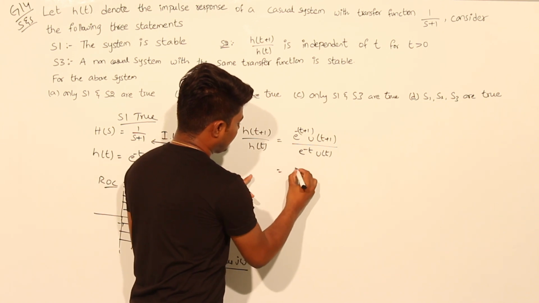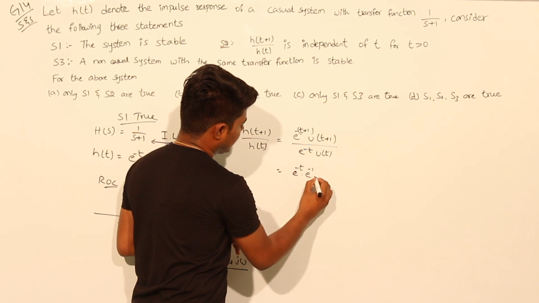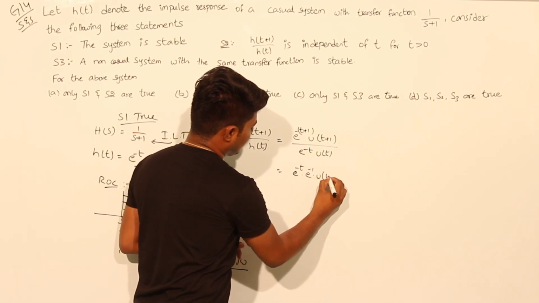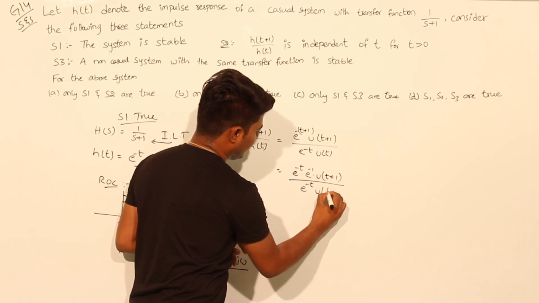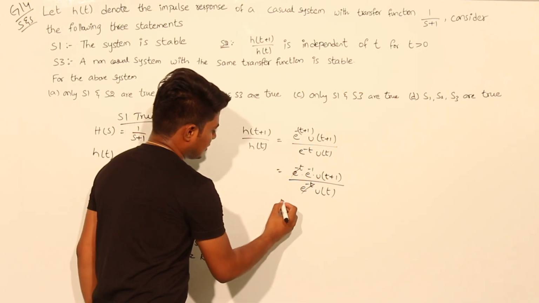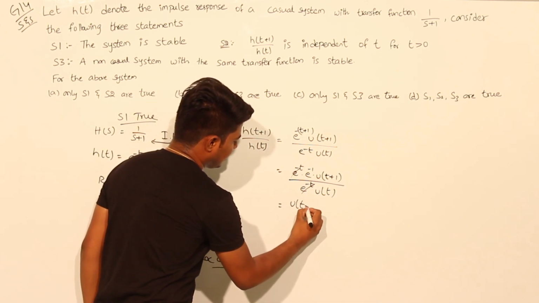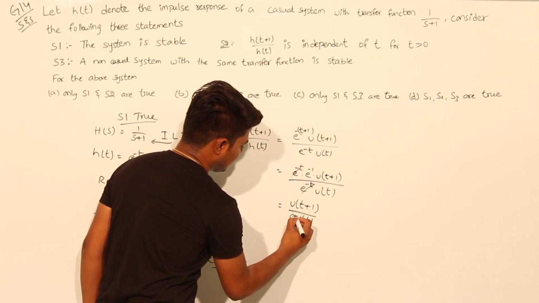If you expand this, e power minus t into e power minus 1 into u of t plus 1 by e power minus t u of t. E power minus t gets cancelled. This will become u of t plus 1 by u of t into 1 by e.